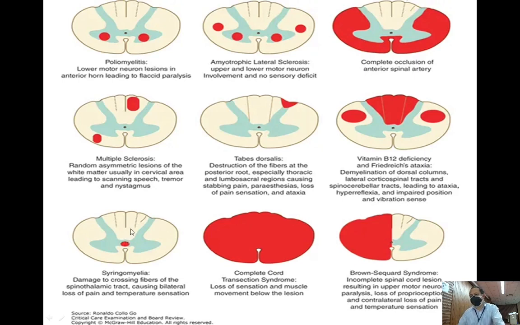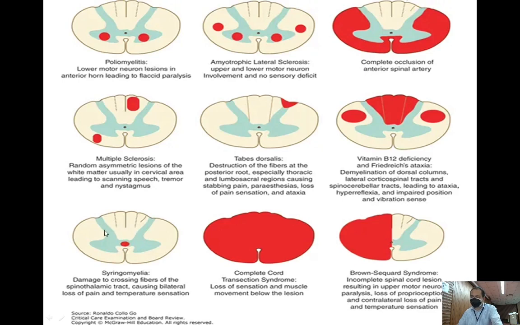And if it continues to grow larger and larger, it may involve the posterior part, the posterior column, depending on the degree of enlargement of this lesion around the central canal.